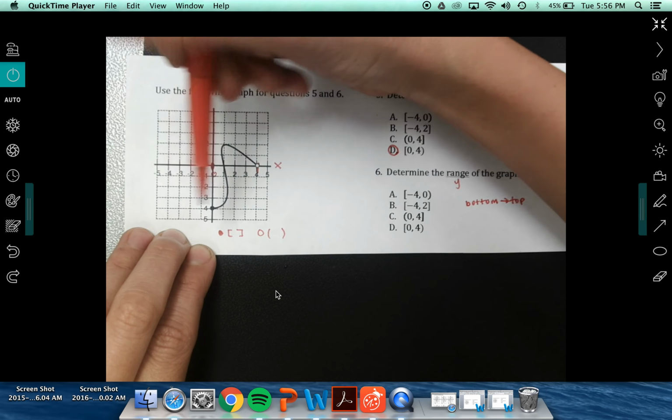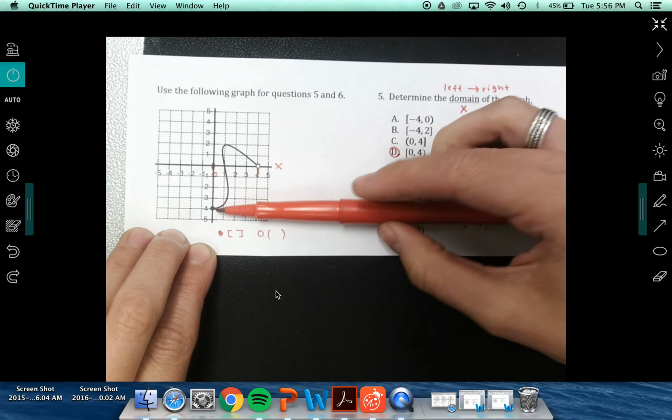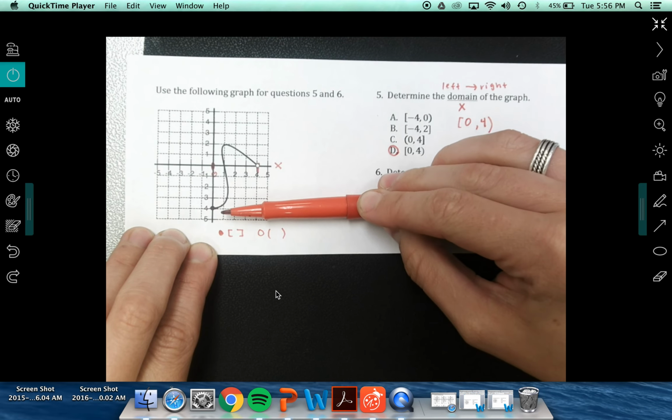Remember, that is a filled-in dot, so it's going to have a bracket. So it starts down here at -4, and it goes up and up and up. Don't stop here. The graph keeps going, okay? It goes all the way up to here when y is at 2.